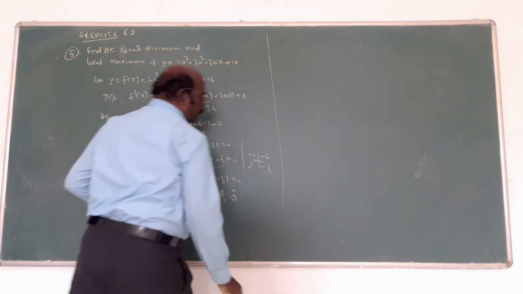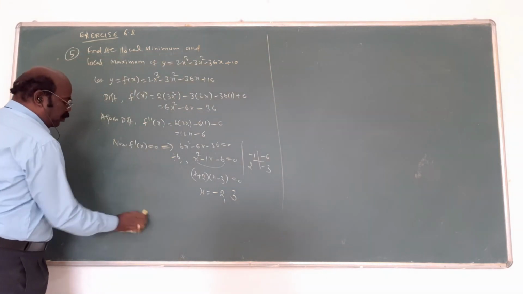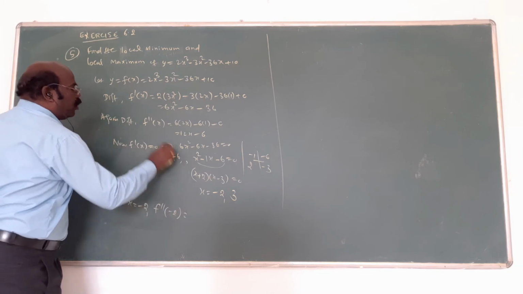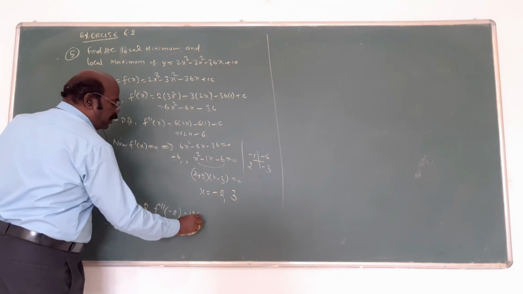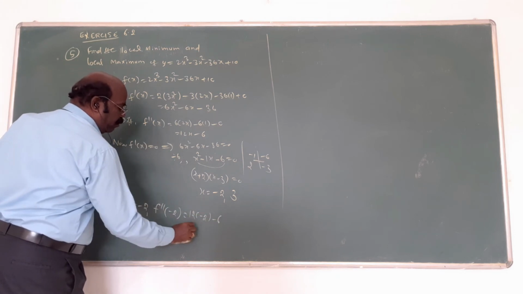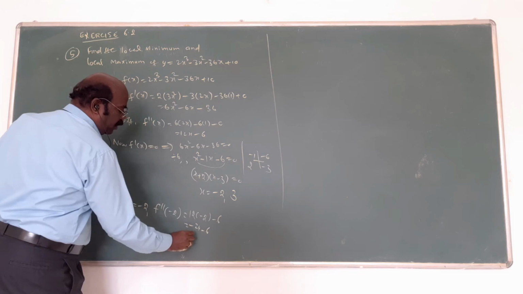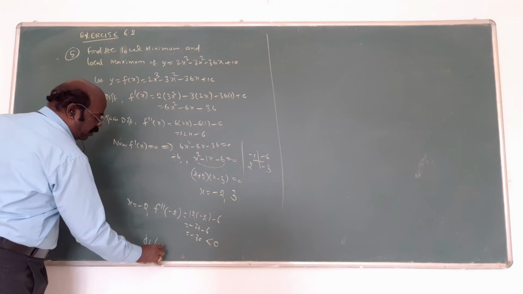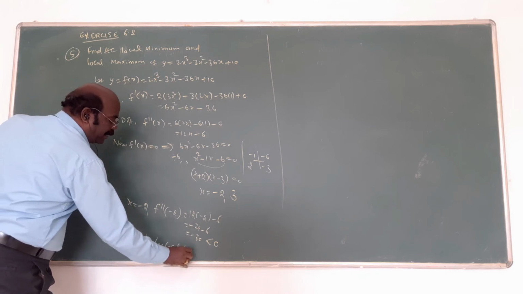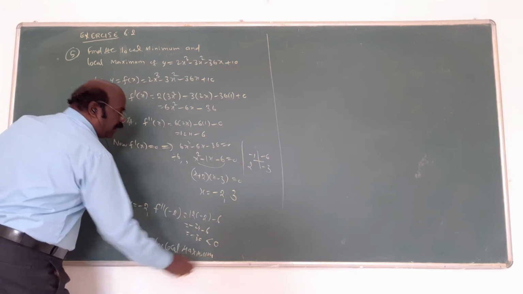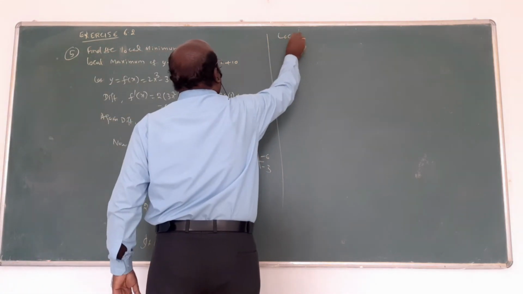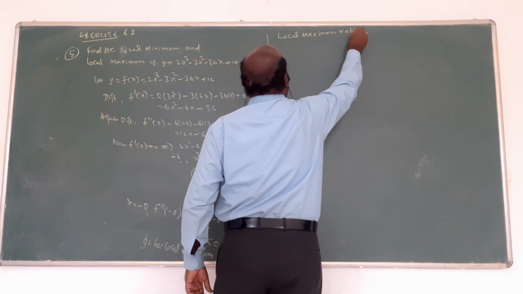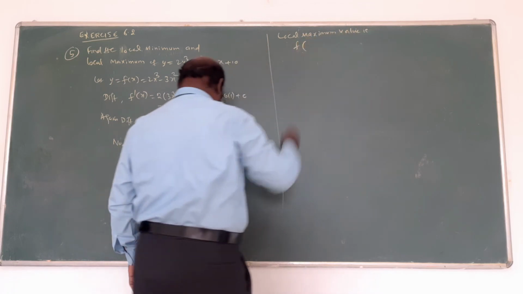Now, substitute when x is equal to minus 2. The second derivative at minus 2 equals 12 into minus 2 minus 6, which is minus 24 minus 6, that is minus 30, less than 0. It has a local maximum. Therefore, the local maximum value is f of minus 2.